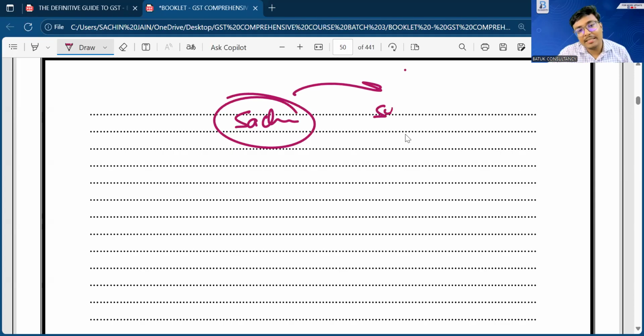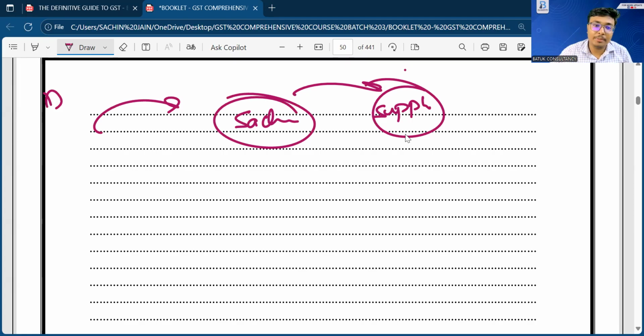I am one person supplying something into the market, so there is a requirement that I have bought that particular thing from the market itself. When I bought the goods, my supplier had already paid the GST to the government, so I will be eligible to claim the tax which I had already paid to that supplier. Just for an example with reasoning: sir, I know this example is very basic, but please listen to it once.